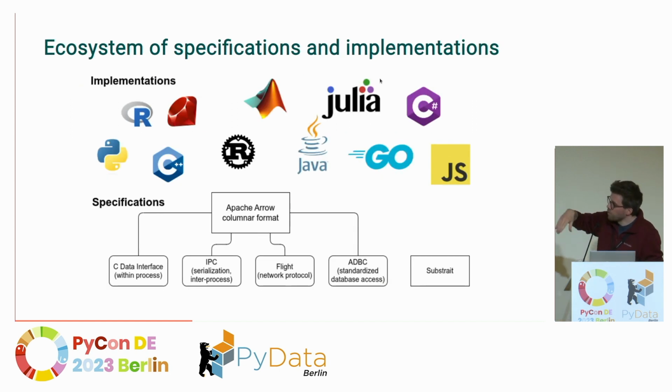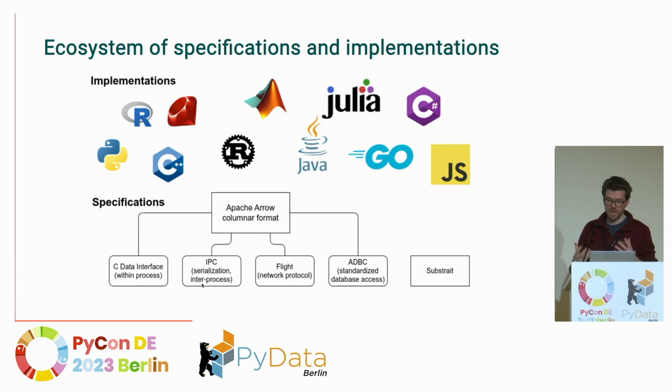This is an overview. In the middle, we have the columnar format. There are some additional specifications on top of this format. The one that has been there from the start is the IPC, interprocess communication. So you have something in memory, but now you want to send it to a different process, or send it over the network.